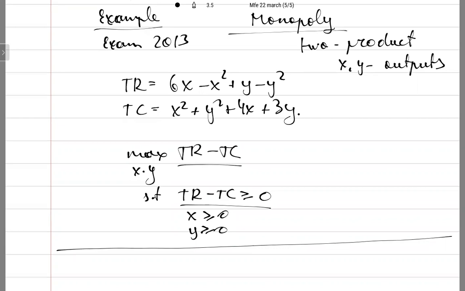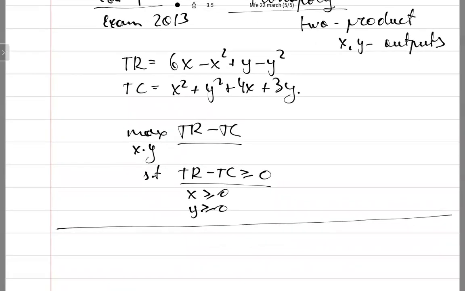Okay, let's move on. From a mathematical viewpoint, everything is perfect. I have a function to maximize and I have constraints. I don't care about the meaning. Let's use the Kuhn-Tucker theorem.